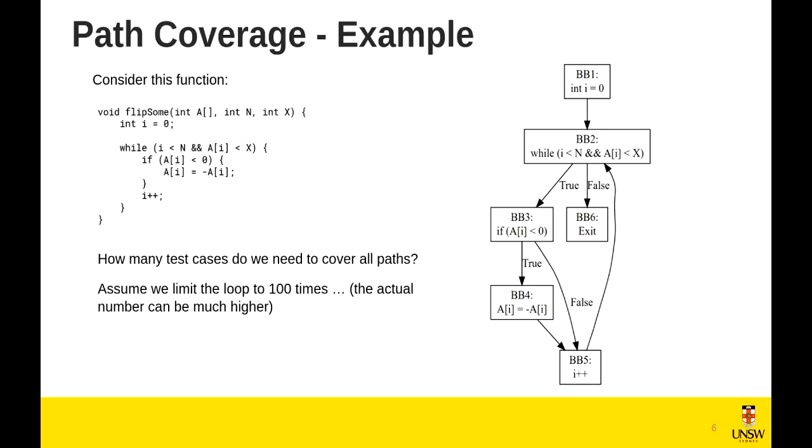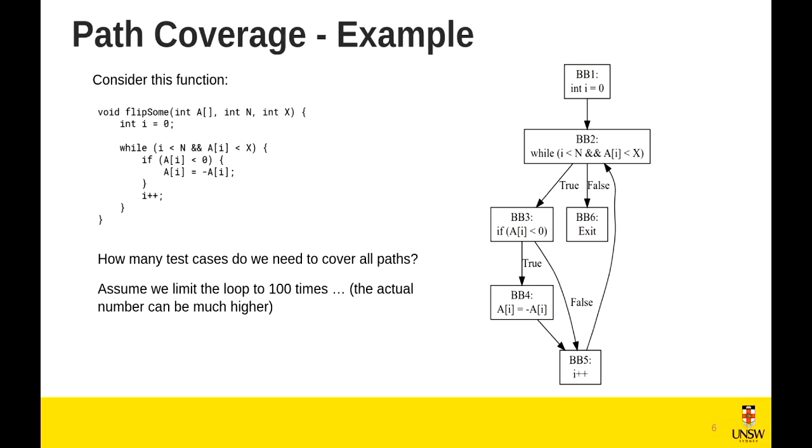Once we get into the loop, we can get one path through the true branch and another through the false branch, and then we get out of the loop. If we go through the loop twice, how many paths do we have?